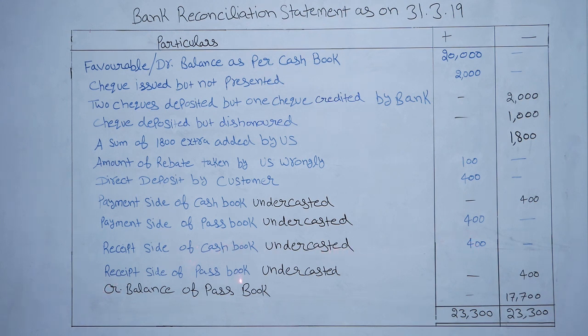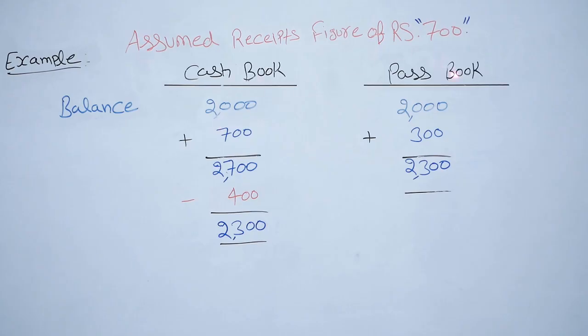Receipt side of passbook undercasted by 400 rupees. Cash book balance 2000, passbook balance 2000. Here receipt side of passbook undercasted by 400 rupees. This time in passbook they have written 400 rupees less. Instead of 700 rupees they have written 300. It means 400 rupees is less written.